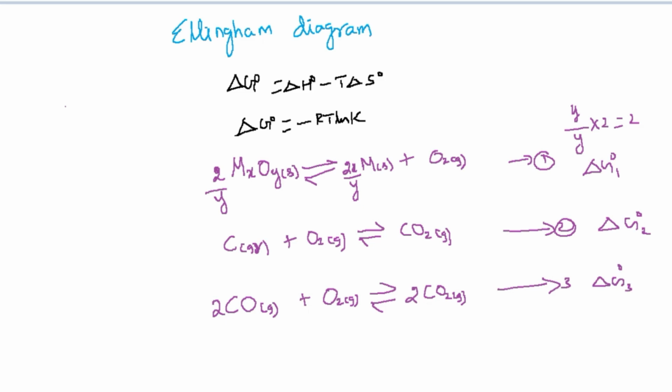Now we have to say, can carbon act as reducing agent for this metal oxide, or carbon monoxide act as reducing agent for this metal oxide? Let us add the reactions 1 and 2.